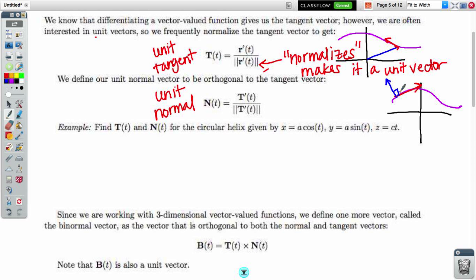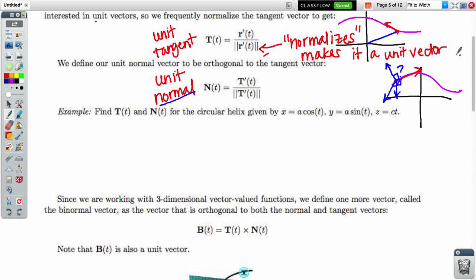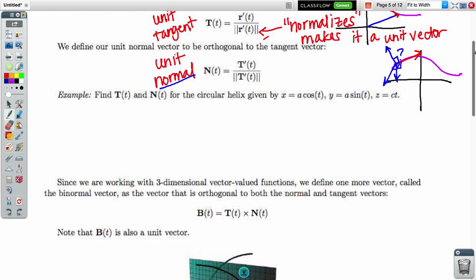But once you're talking about a vector in 3 dimensions, you have all these different possibilities for right angles, and it's not exactly clear which one would be called the normal vector. So that brings up this definition of binormal that we'll get to in a second. But just in case you're wondering what normal means in 3 dimensions, we will get to that with the binormal vector.